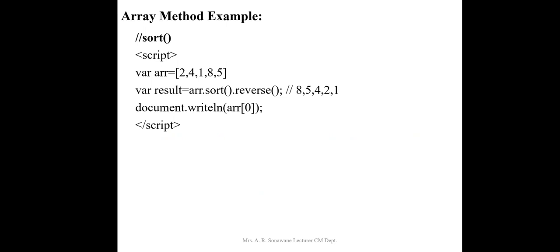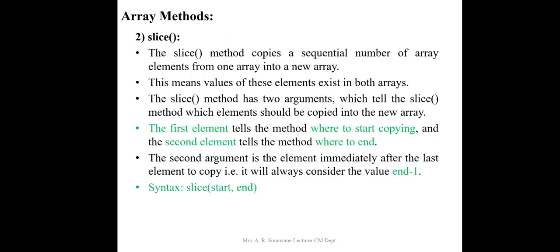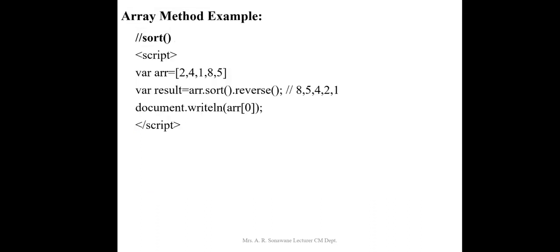So array.sort will sort all the elements in ascending order, and along with that, whatever elements are sorted, you use with the reverse method. So array.sort reverse will reverse the elements, and as a result the output that you get will be 85421.